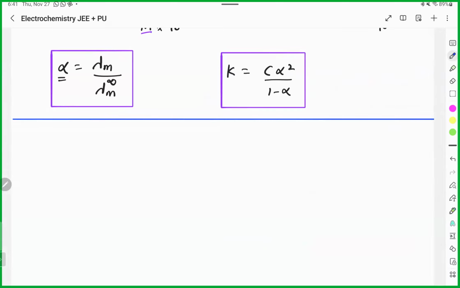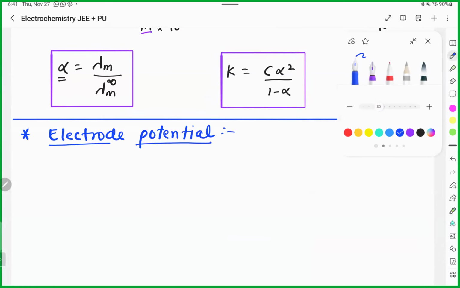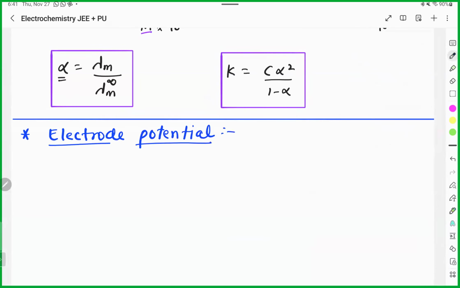Second, the most popular part where you will get the Nernst equation is related to the electrode potential. Someone was asking about this point only, right? Electrode potential, SRP, standard reduction potential.